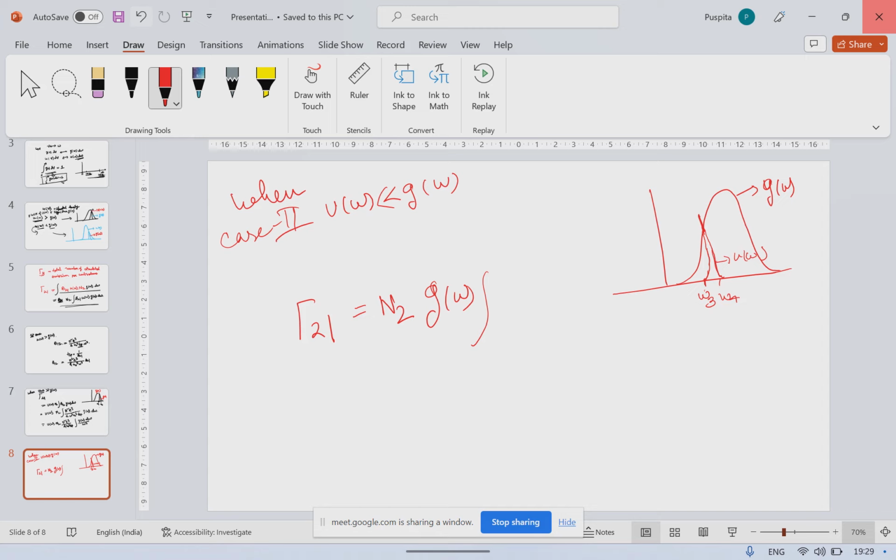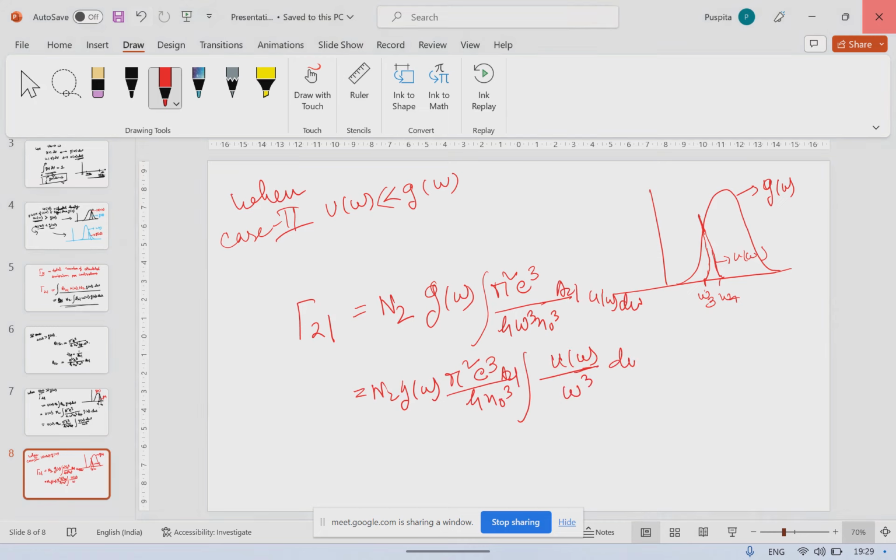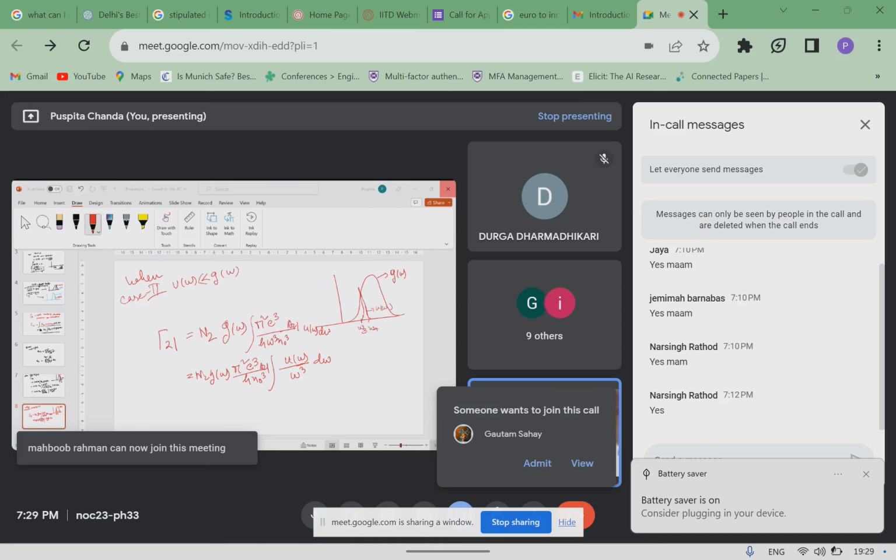Now here it will be pi square c cube h omega cube n naught cube A21 U omega d omega, into G omega, pi square c cube h n naught cube A21, it will be U omega omega cube d omega. Right.